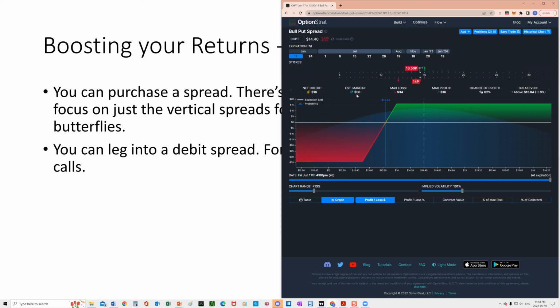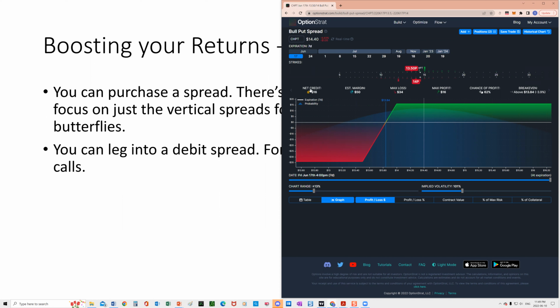So what I will tell you is that any time you have a spread, especially if you are collecting a credit, don't be greedy, okay? If you collected 16 cents and on June 17th you can buy it back for a penny or two, always, always, always buy it back, because anything can happen after hours and you could end up in a situation where you're losing more than what you gained.